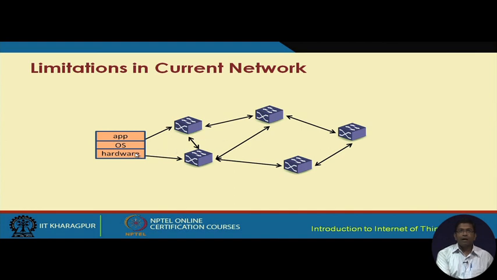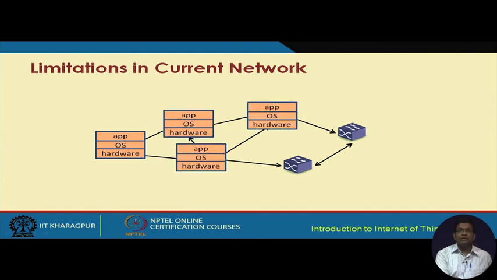We have the hardware, then the operating system, and the applications running on top. So, essentially, a very skeletal view of the stack run on each of these switches is hardware, OS and app, and that is applicable to all the switches in the network. Each of these switches is running these three different layers.